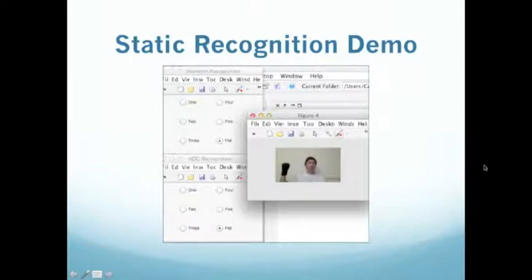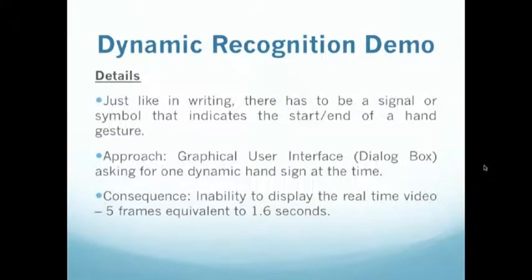Okay, so we're gonna talk about the results later on, but now let's move on with the dynamic recognition demo. So let's talk about some details first. Just like in writing, there has to be a signal or a symbol that indicates the start and the end of a hand gesture. For example, when we're writing something, we need a blank space that indicates the end of a word and the start of a new word.